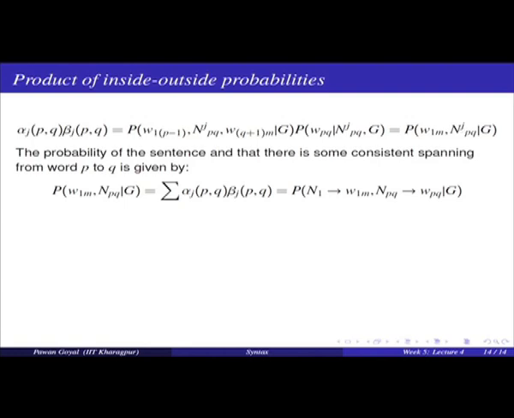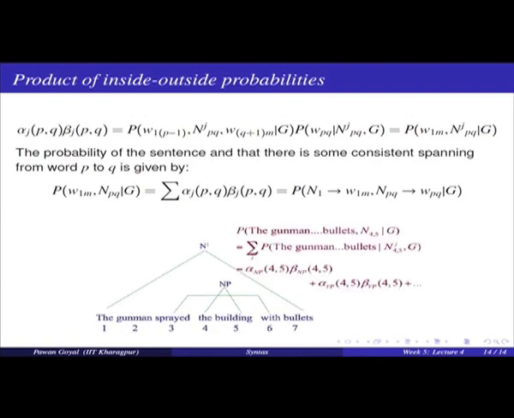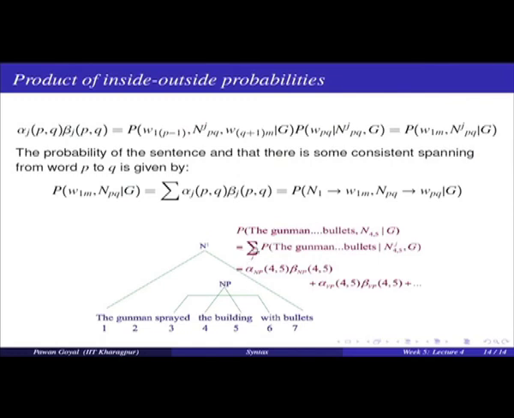Now, if we go back to the previous example that we took, what does that mean? So, probability that this whole sentence, the gunman sprayed the building with bullets, and that there is some consistent spanning from word 4 to word 5. That means there is some non-terminal that derives the sequence W4 to W5. How do I obtain that? This would be summation over all the possible non-terminals Nj such that this happens.